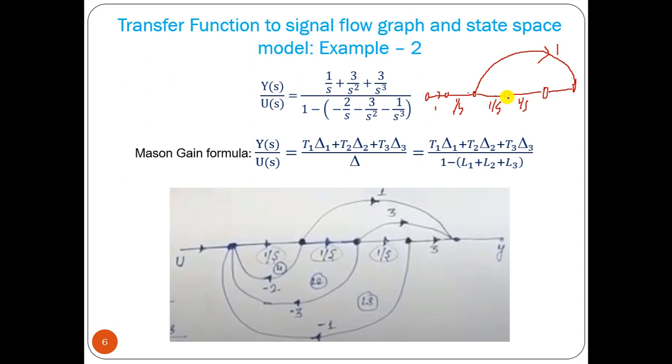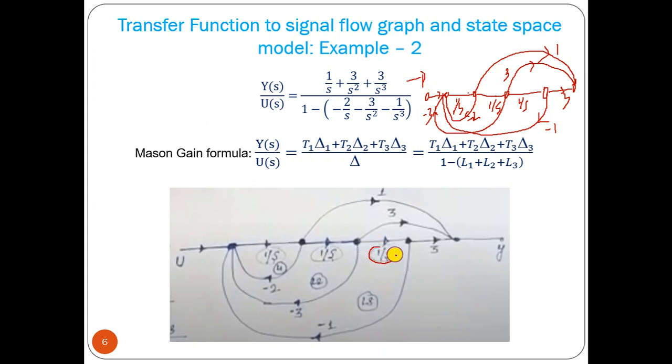Then 1 by s square, then it should be 3, then 1 by s cube multiplied by 3, and we have 3 loops. 2 by s will be minus 2, then 3 by s square we can connect here, that will be minus 3, then another one from here, 1 by s cube, with minus 1. That will be the signal flow graph from this transfer function. It is very easy to do.